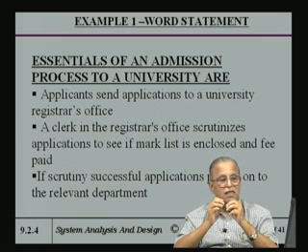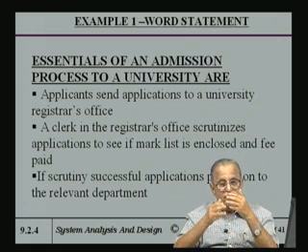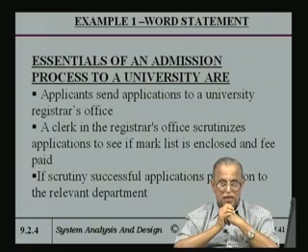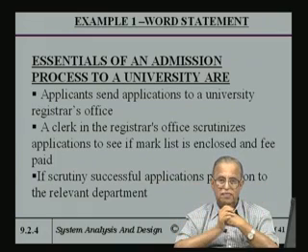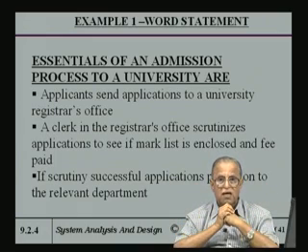The applicants send applications to a university registrar's office. So I am really giving a sequence of events. The sequence of events starts with an applicant; there are several applicants who want to get admitted to a college by sending applications to the registrar's office.